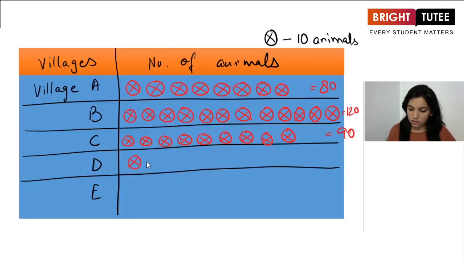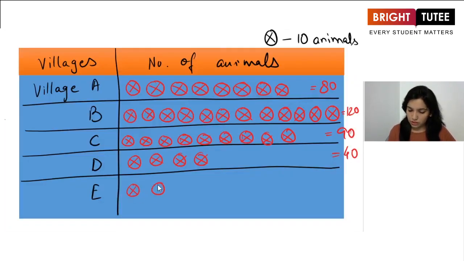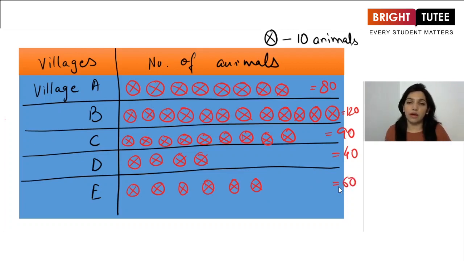So we just need 4 such symbols to represent 40. Now the next one is village E, where we have got 60 animals. So how many do we need? We need 6 such symbols where each symbol represents a 10, right? So I hope this is clear. It's really simple and very fun to work with pictographs.